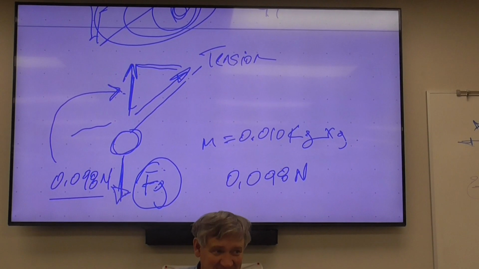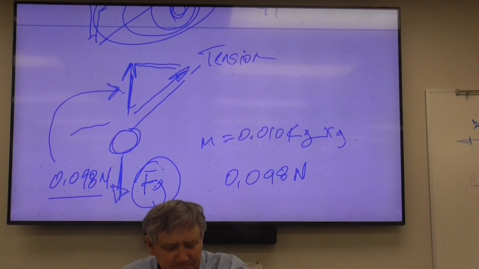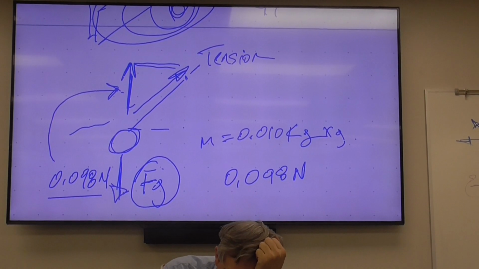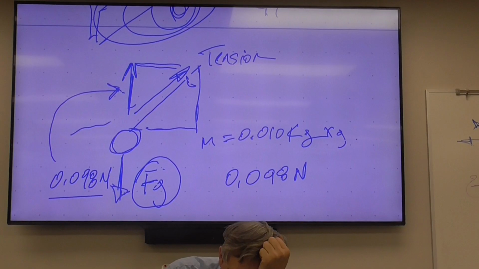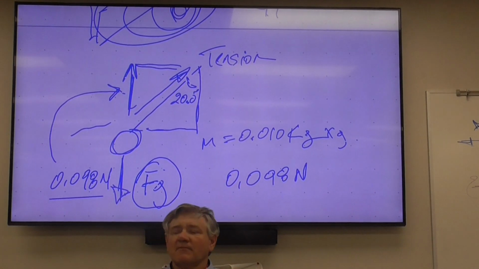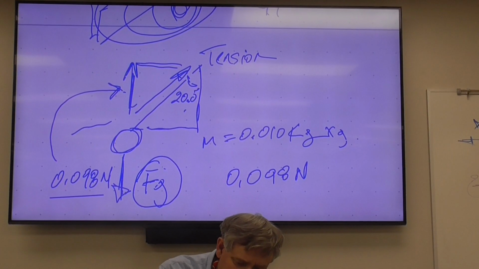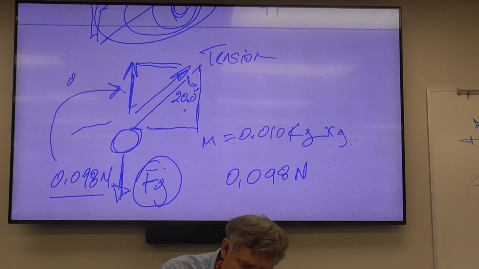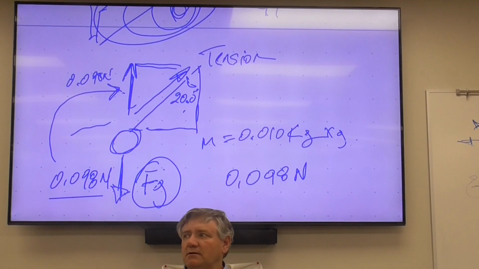Now, let's say that the angle between the string and the vertical is, I don't know, 20 degrees. So if I know that's 20 degrees, and I know that vertical component is 0.098 newtons, what could I find out?